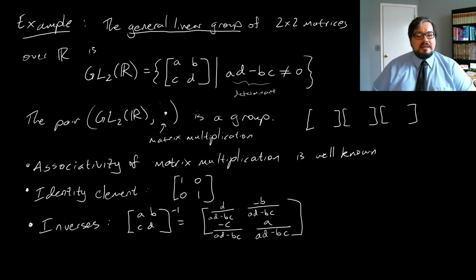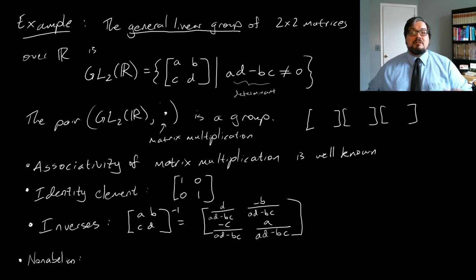Now let's see that this group is non-abelian. Just like with associativity, if a group is non-abelian, you will usually be able to determine that just by grabbing any 2 random elements, multiplying them one way, multiplying them the other way, and seeing that you get different elements.